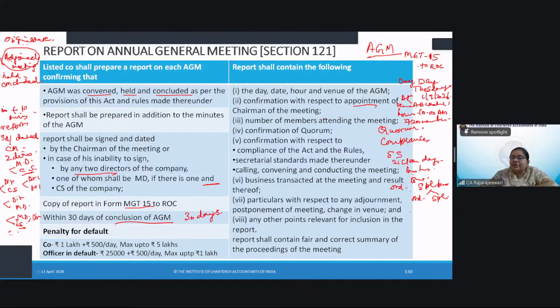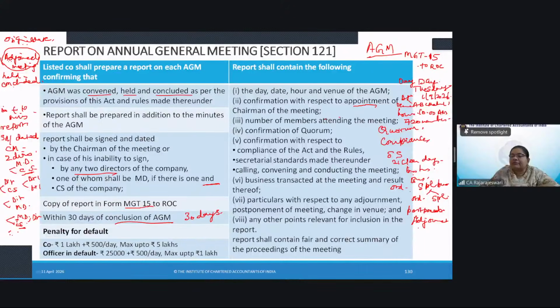Suppose this meeting was postponed. Postponed means you cannot hold the meeting on the specified date; it's not an adjournment, it is held on a different date. For example, there was a pandemic and you cannot hold the meeting on the specified date, so it has to be postponed and held on some other date. Then adjournment: for what reason was it adjourned?